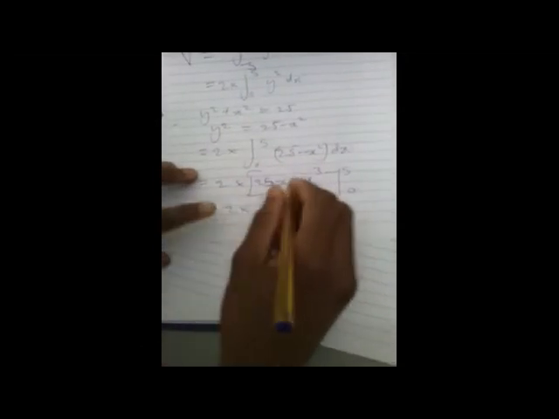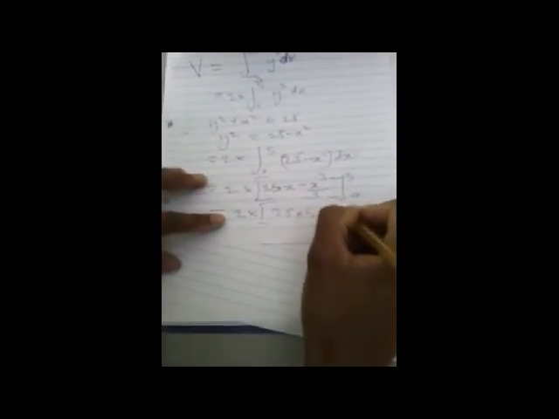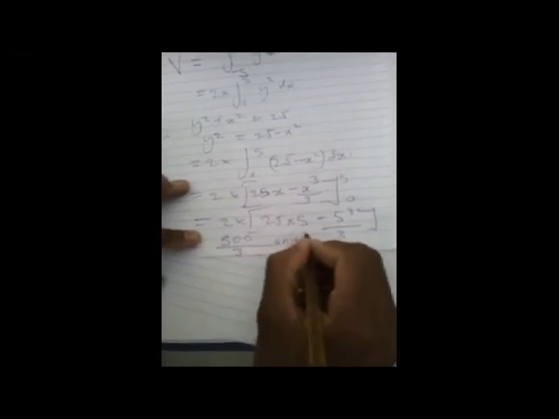Substituting into our integral, we get 2 times the integral from 0 to 5 of 25 minus x squared dx, which is 2 times 25x minus x cubed over 3, from 0 to 5. Then we get 2 times 25 times 5 minus 5 cubed over 3, and punching this into the calculator, we get 500 over 3 units cubed, since this is volume again.